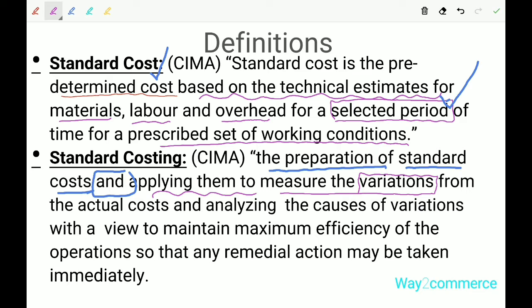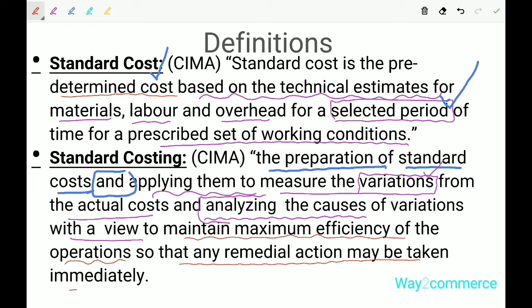So measure the variations from the actual cost and analyze the causes, ultimately to maintain maximum efficiency of the operations so that any remedial action may be taken immediately. So this is the standard costing.